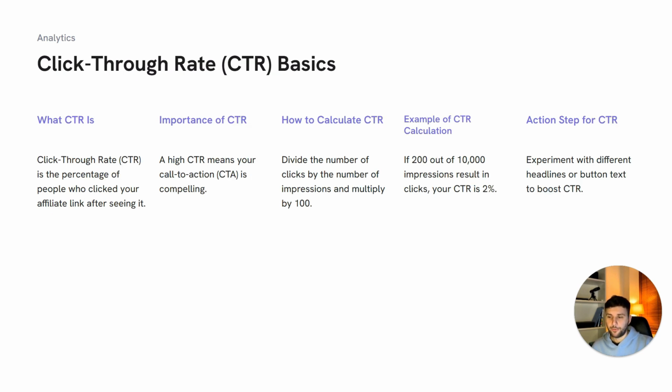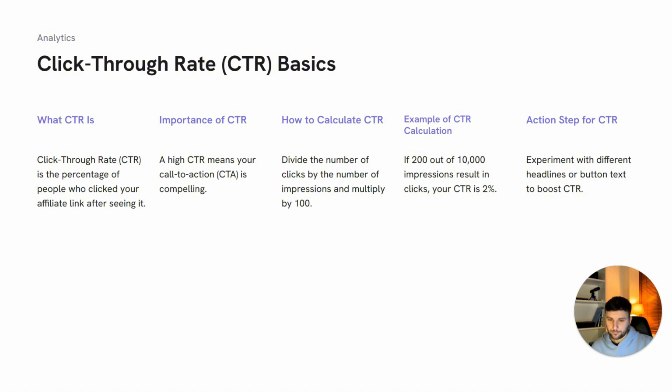Now, click-through rate, what is it? It is the percentage of people who clicked your affiliate link after seeing it. A high click-through rate means your call to action is compelling. Now, how to calculate it? Divide the number of clicks by the number of impressions and multiply by 100.